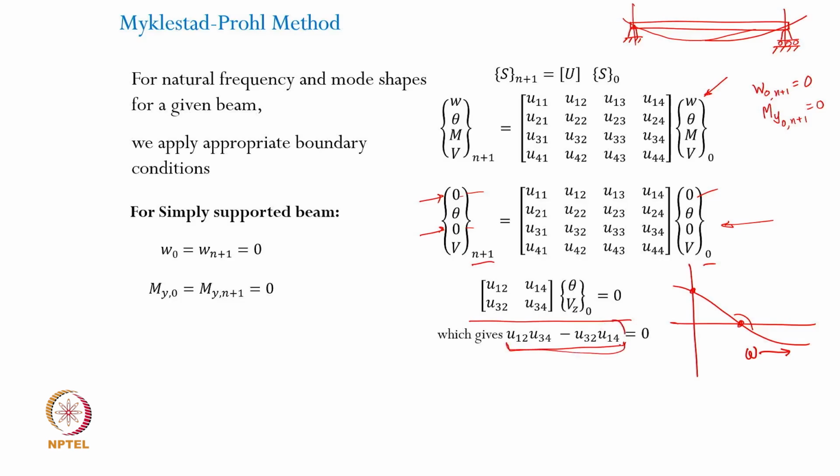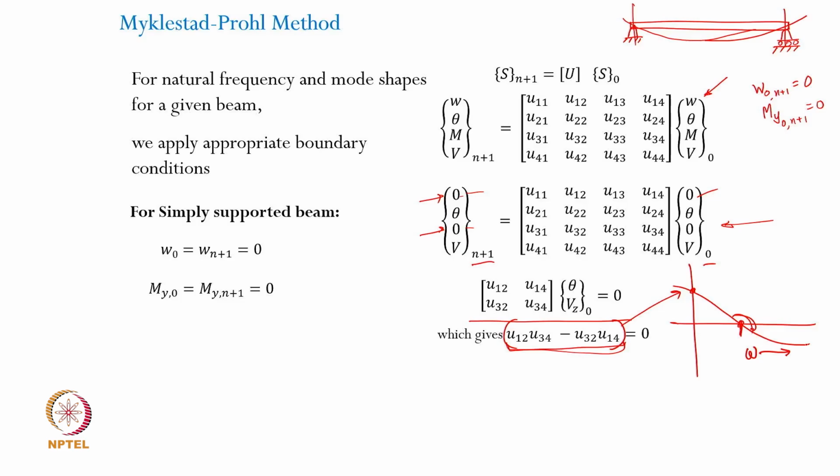So you will plot this expression as a function of omega, and then find out at what omega the value of this expression is 0. That can be obtained by tracking the sign change across the step change in the omega value. Once that is done, that basically is your value of the natural frequency.